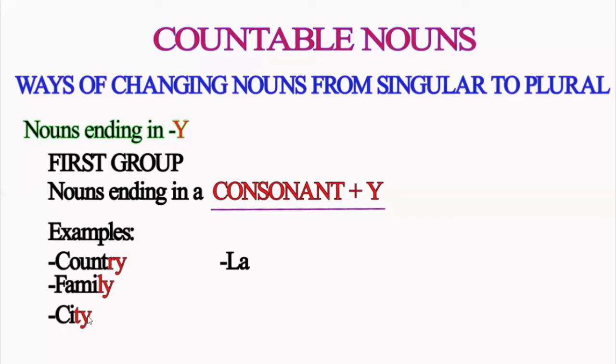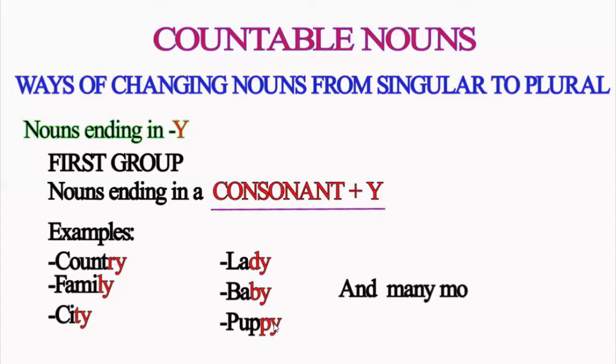We have city, the last letter is Y, but before Y we have consonant T. Lady, the last letter is Y, but before Y we have consonant D. Baby, the last letter here is Y, but before Y we have consonant B. Puppy, the last letter is Y, but before Y we have consonant P. Now, there are many nouns like these, as we have seen here: country, family, city, lady, baby, puppy, and many more nouns like these ones.